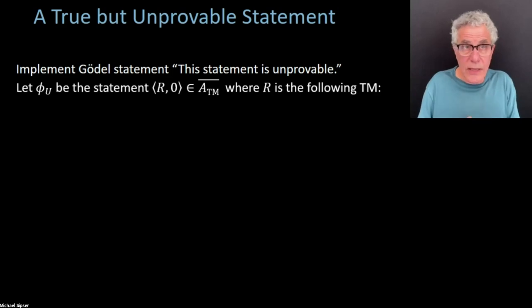It doesn't really matter which encoding system you use, because the statement is going to be true in any of them. We could go through the exercise of defining a particular encoding system. It's going to be pretty tedious to do that, but you can just imagine writing down the states, the transition function, et cetera, as this big long string, and that's going to be our encoding system.